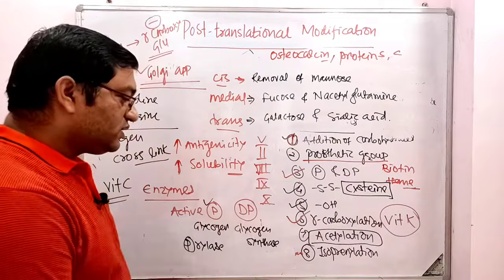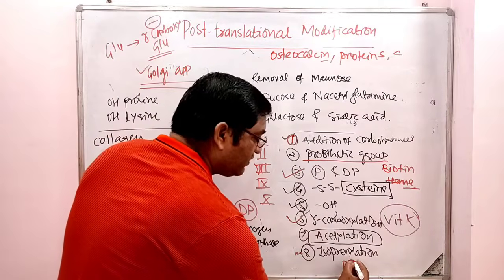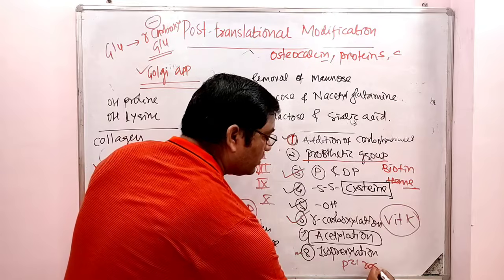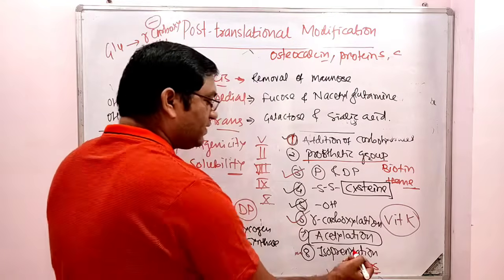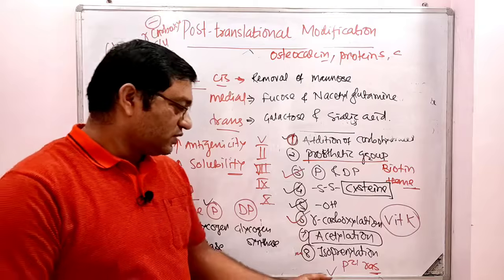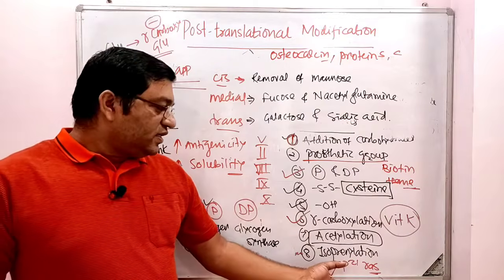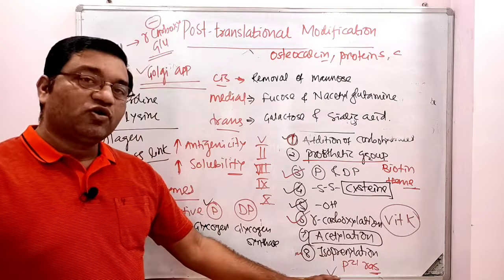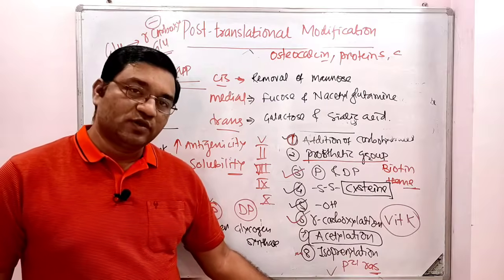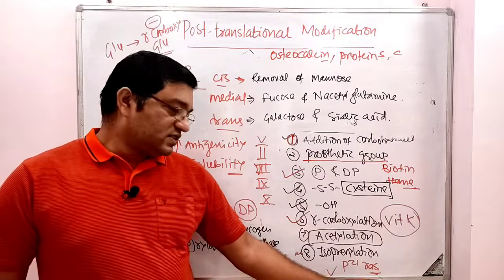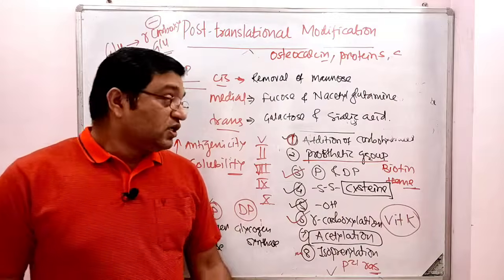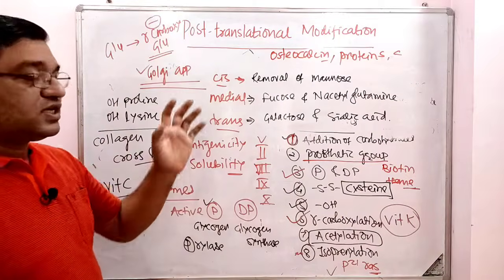One protein given is P21 RAS protein. It is activated by the isoprenylation. The inhibitor for the isoprenylation can be an important target for cancer chemotherapy. P21 RAS is the example of isoprenylation. So these are some examples of post-translational modification.